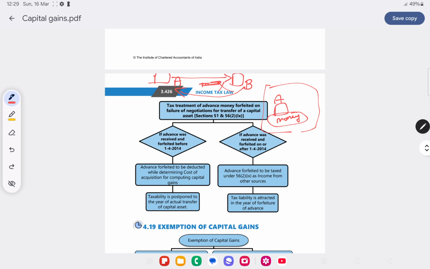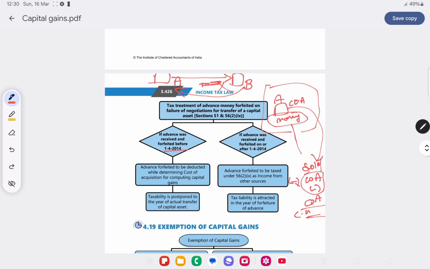What will be the tax applicability if the advance money is forfeited before 1st April 2014? If it is forfeited before 1st April 2014, it should be deducted from the cost. There will be a cost of asset, right? When this asset is sold to any other party, we will subtract the cost of asset. From this cost of asset, this money should be subtracted, the reduced cost of asset will be shown, and the resultant capital gains will be computed.